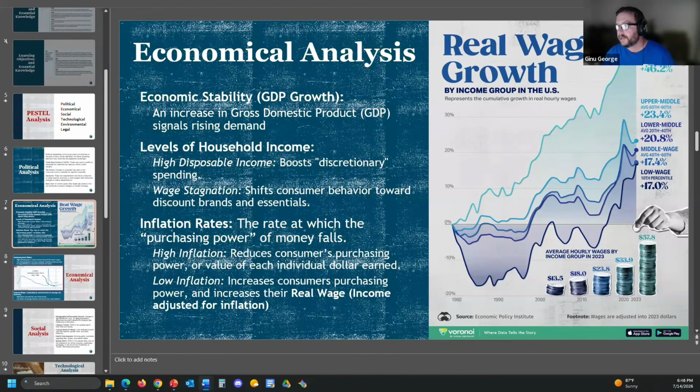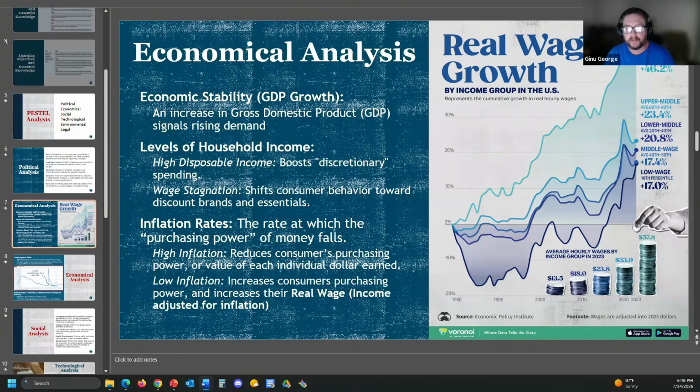Okay. So that's your levels of household income, high disposable income, wage stagnation, inflation rates. Inflation, right? A lot going on with inflation these days, especially the further south you go. Inflation is the rate at which the purchasing power of money falls.